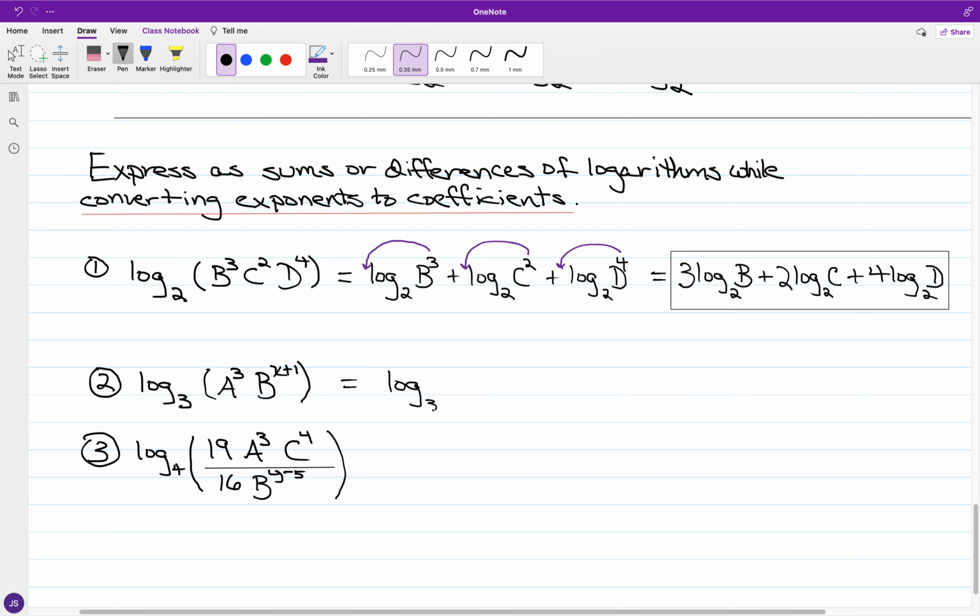So we have the base 3 logarithm of a to the third, plus the base 3 logarithm of b raised to the x plus 1 degree, and looking at rewriting the powers as coefficients.